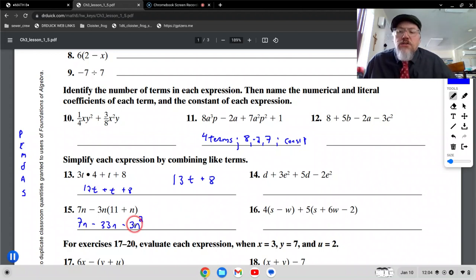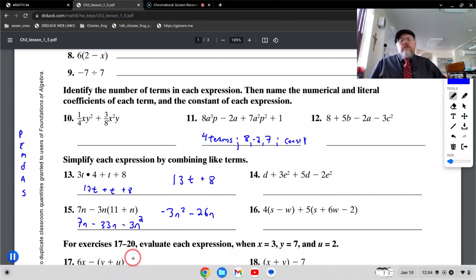Usually you put the highest n's first, the ones with the most n's. So I'm going to write minus 3n squared minus 26n, and that would be my answer. It doesn't really matter, but if this is n cubed, you put that one in front. You just put the highest power of the variable in the front, usually.